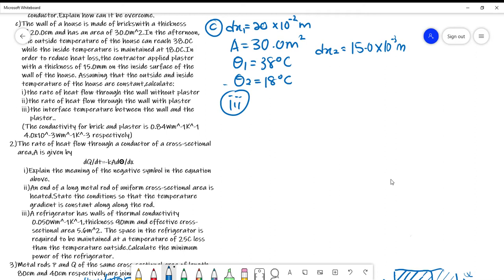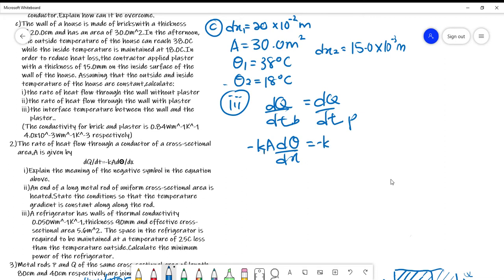Since the rate of heat flow between the bricks and the plaster are the same, I can say that dQ over dt for the bricks equals dQ over dt for the plaster. So negative k1 A dθ over dx equals k2 A dθ over dx.